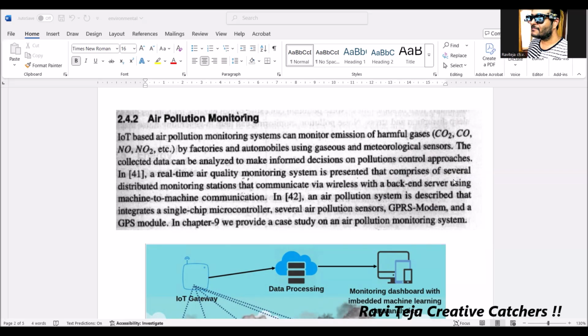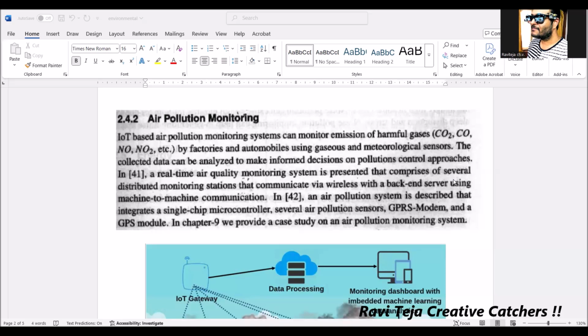And not only that, apart from vehicles, we have many more industrial emissions which pollute the air with harmful gases. We have carbon dioxide, we have CO, we have NO, and we have NO2, and a lot of other gases are released from so many sources like industries and automobiles.